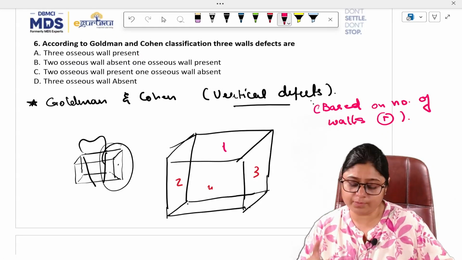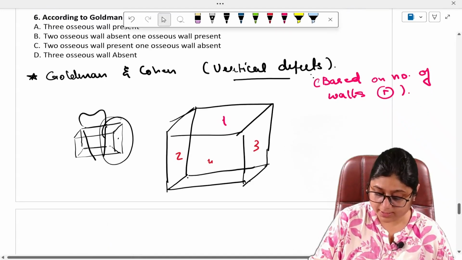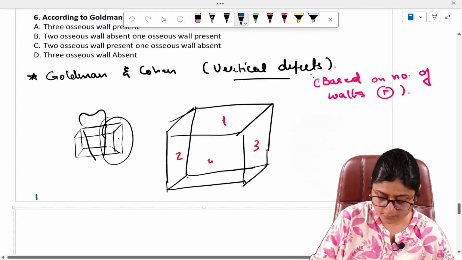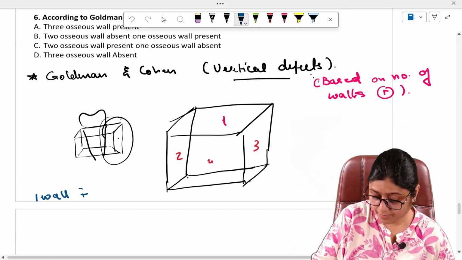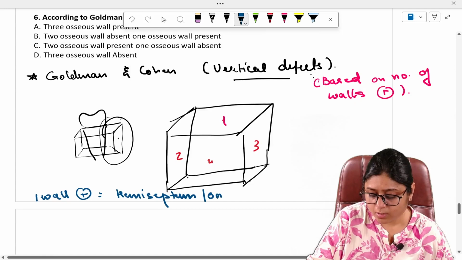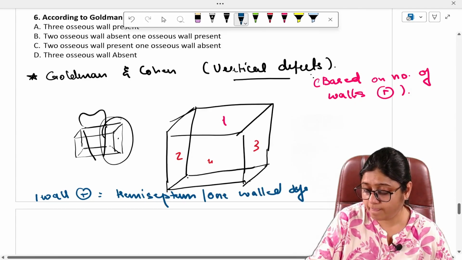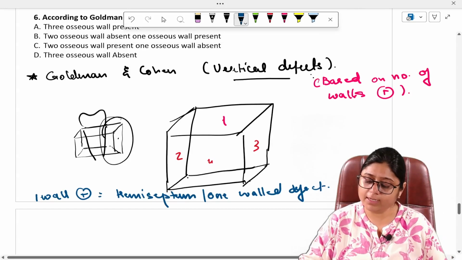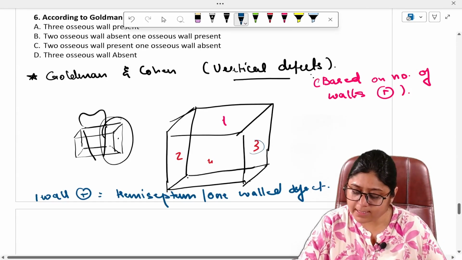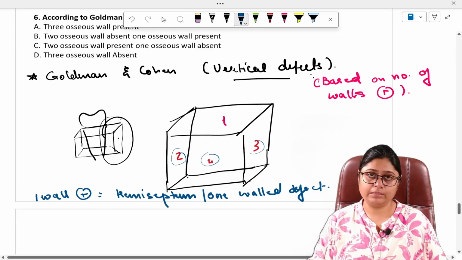So if only one wall is present, it is called a one wall defect, a hemiseptum, or one walled defect. Here it will mean that only number 1 is present, and 2, 3 and 4 are absent.